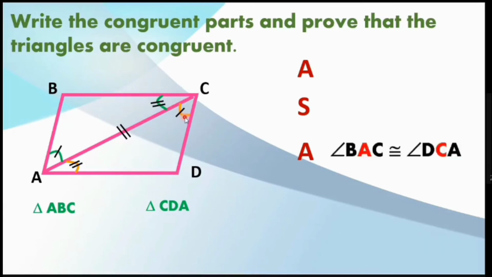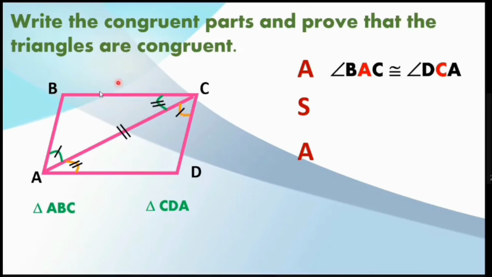So therefore, we can say that angle BAC is congruent to angle DCA. Okay, how about on the second part, on side? We have side AC corresponds to side AC, or side AC is congruent to itself, or side AC is congruent to side AC.